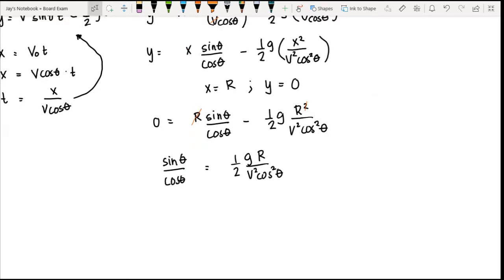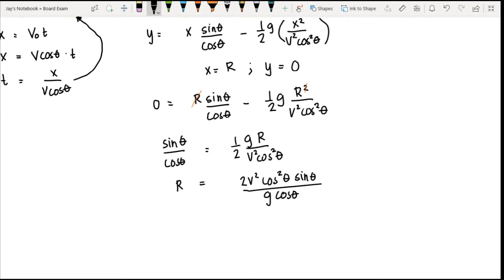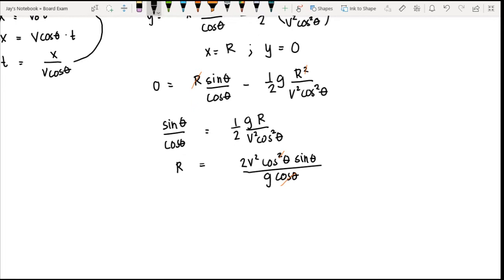So we can simplify it further by expressing it in terms of theta. So we have r is equal to 2v squared cosine squared theta sine theta over g cosine theta. And we can simplify it by canceling cosine theta here, and we would have the equation r equals 2v squared cosine theta sine theta over g.